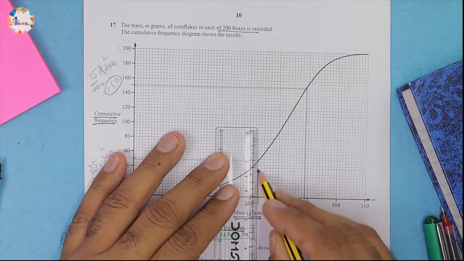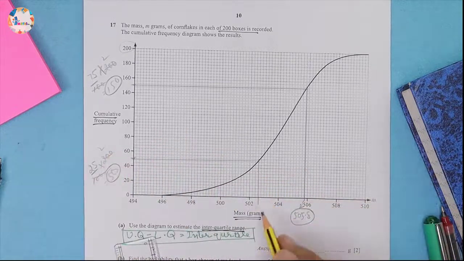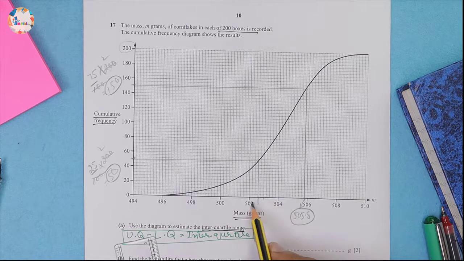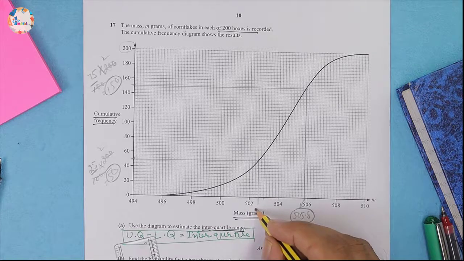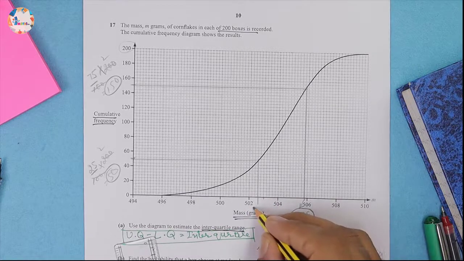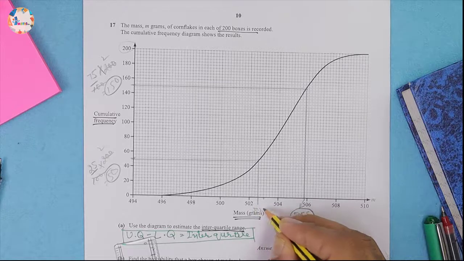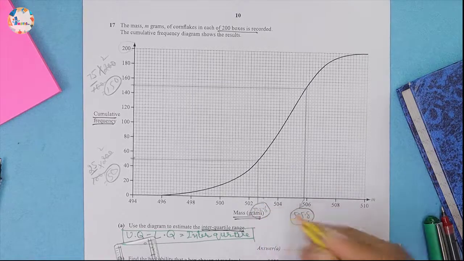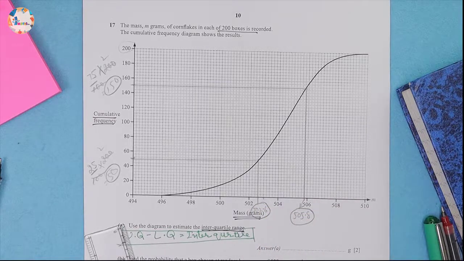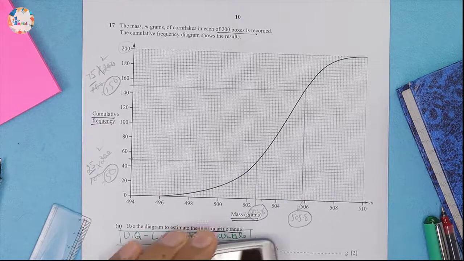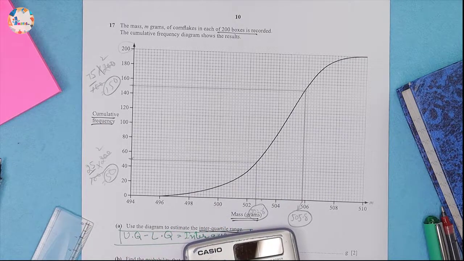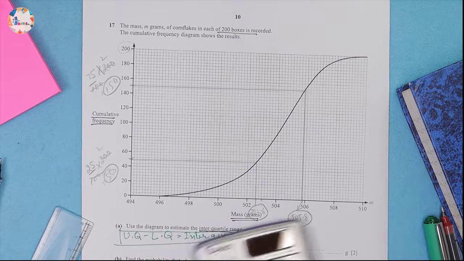So this will be over here, and this is 502, and 1 2 3 4 5, so up to this one is 503, so it will be 502.6. Now we can subtract this from 505.8.